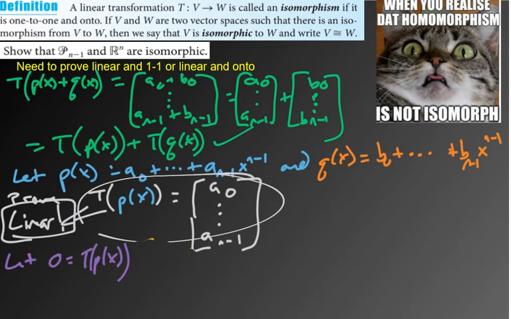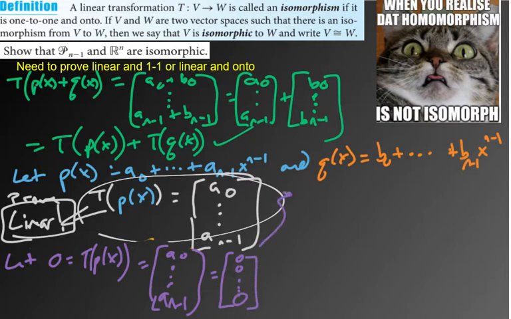Like go to 0, and I'm just going to show actually that the only thing that will work here is that the kernel is going to be the trivial 0 vector. And so that would imply one-to-one, right, based on a theorem we saw in the last video. So, based on this map, this is going to say that a naught through a n minus 1 equals the 0 vector, which here is just zeros all the way down.